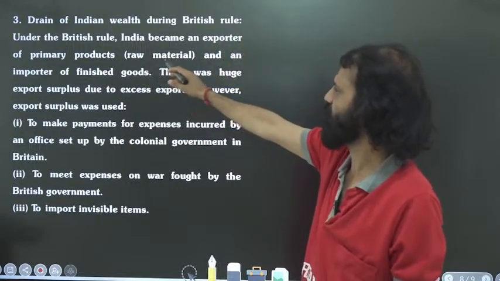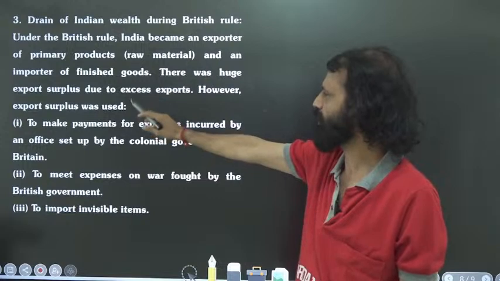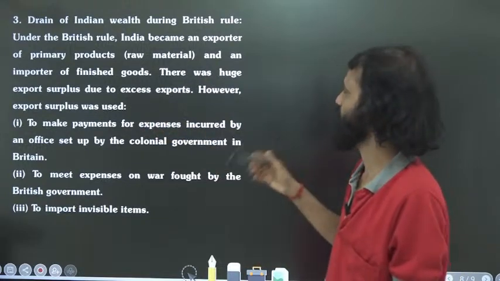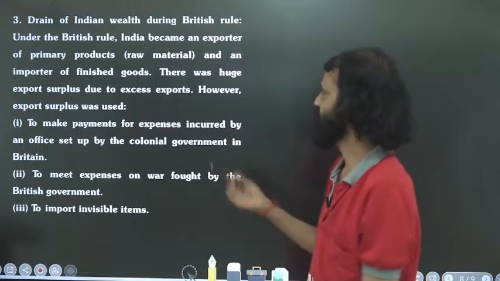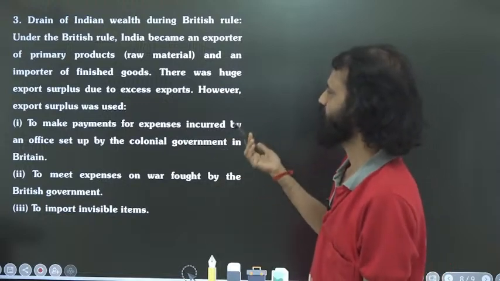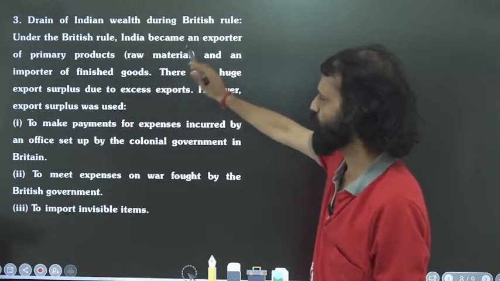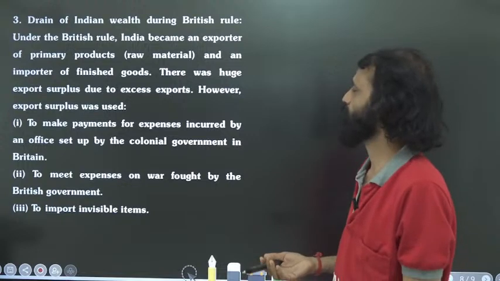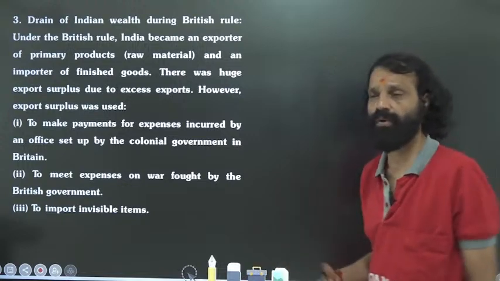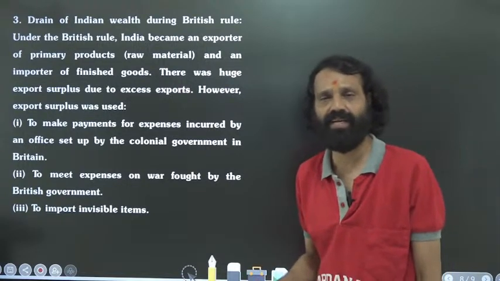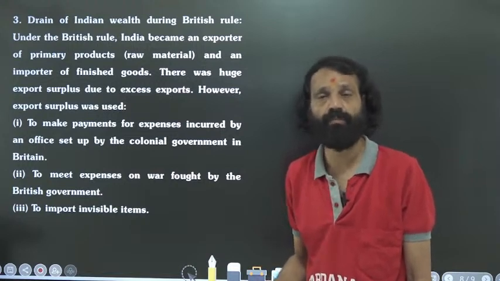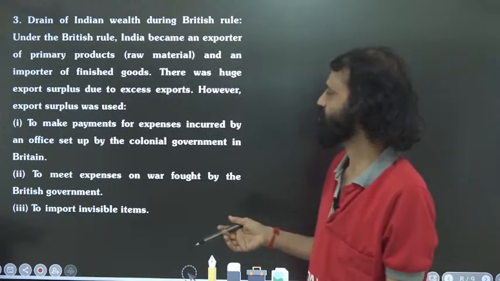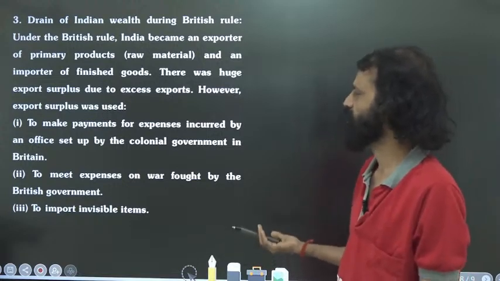Under the British rule, India became an exporter of primary products, that we have already discussed: raw material they took from this country, and finished goods came from Britain to our country. There was a huge export surplus due to excess exports. So more agricultural products, raw materials, jute, cotton, all those we were exporting to their country. So the surplus was the export.